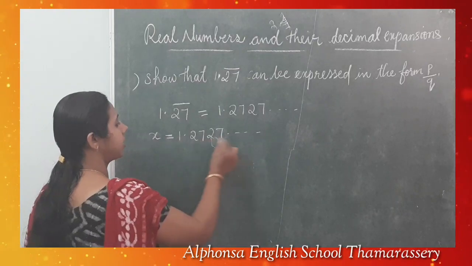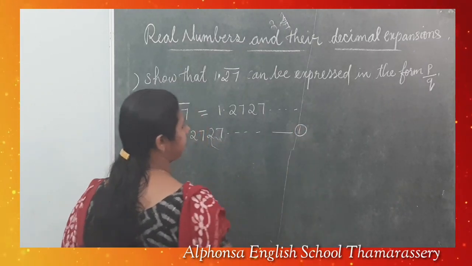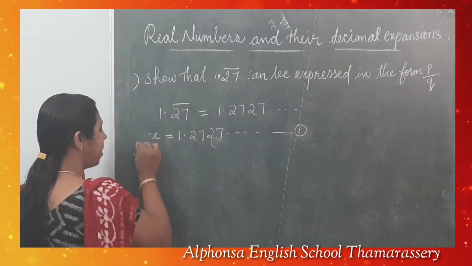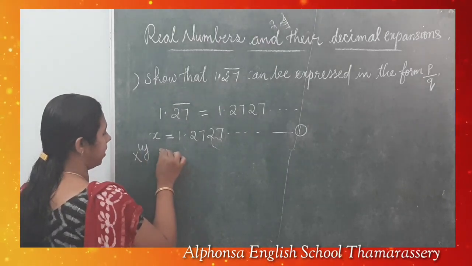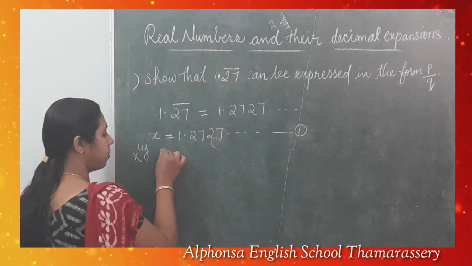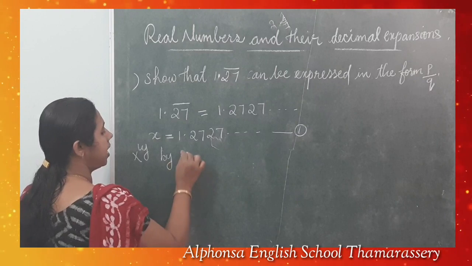So let us take this as equation 1 and multiply both sides by 100.